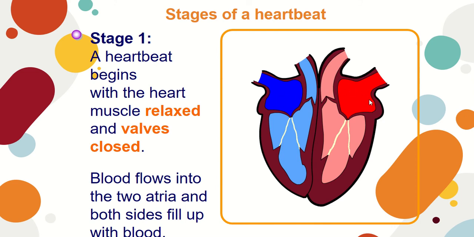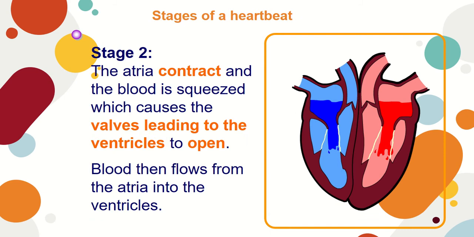So the atria will fill up. Then, stage 2, the atria contract and the blood is squeezed, which causes the valves leading to the ventricles to open. Alright, once the atria are full, our two valves will open. Those valves are the tricuspid valve and the mitral valve, or bicuspid valve. They will open and the blood will enter.